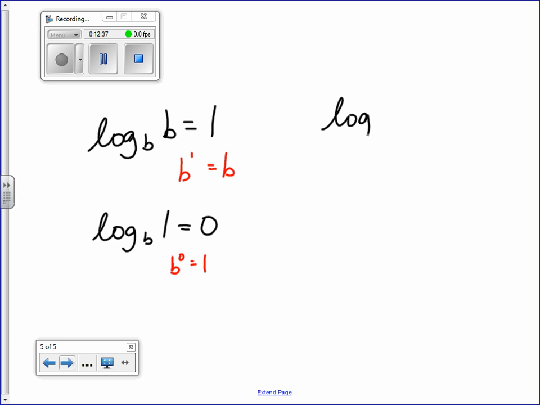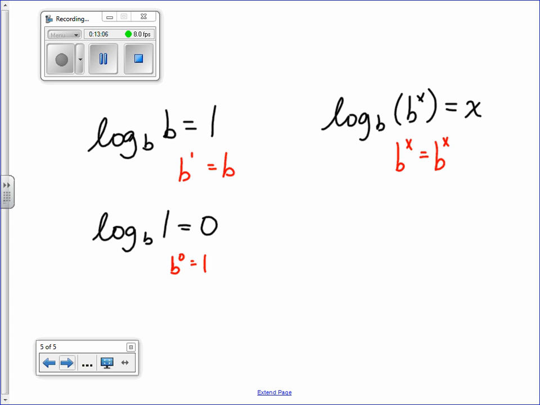Log base b of b to the x will equal x, because b to the x will equal b to the x. This one's actually really useful when we start solving them, because if you can get the base and this to match, you knock them out and that exponent's your answer.